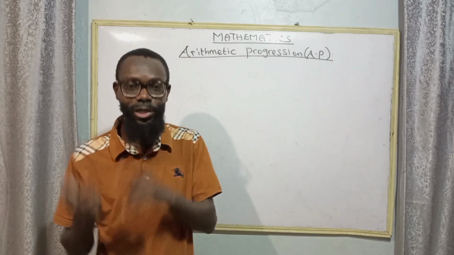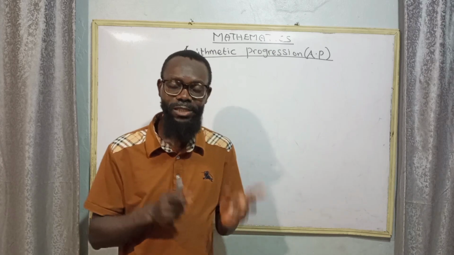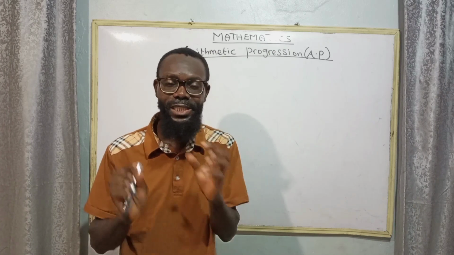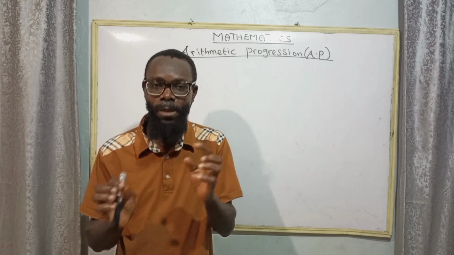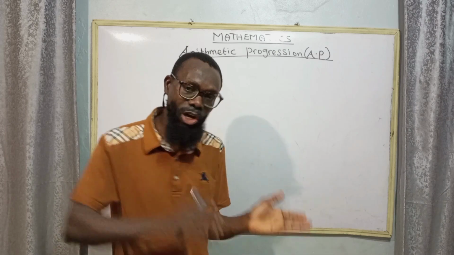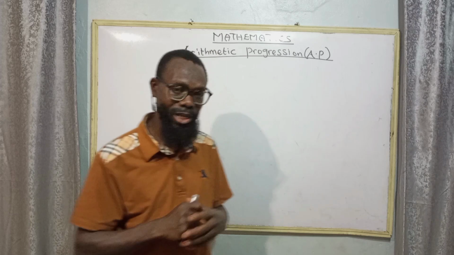The difference between the fourth term and the third term will be the same as the difference between the fifth term and the fourth term. When we are having the same differences between these terms through addition or subtraction, we term this an arithmetic progression.